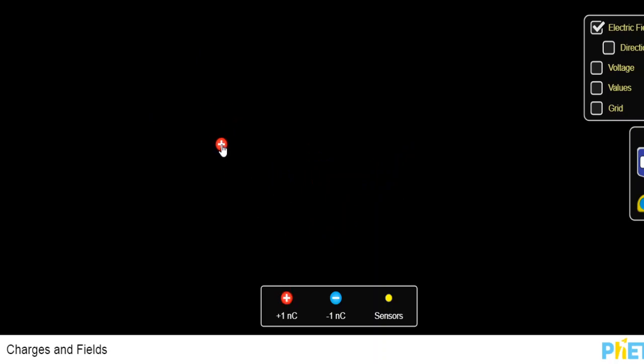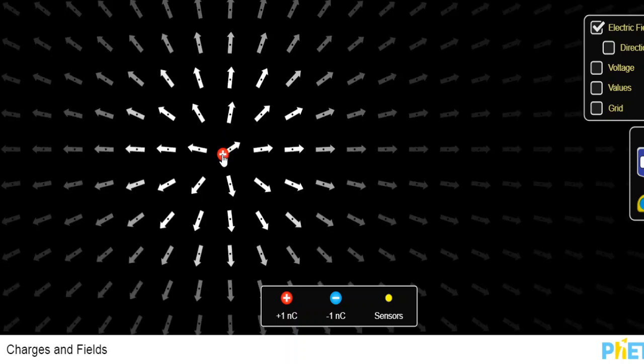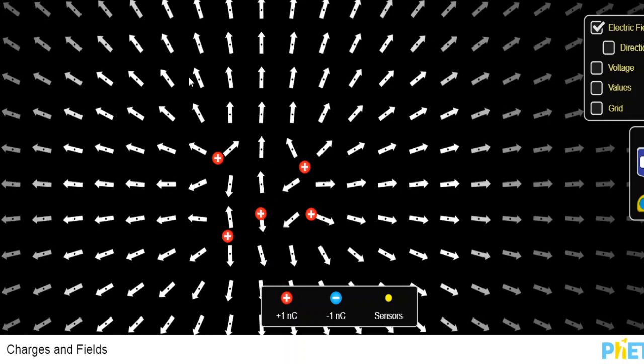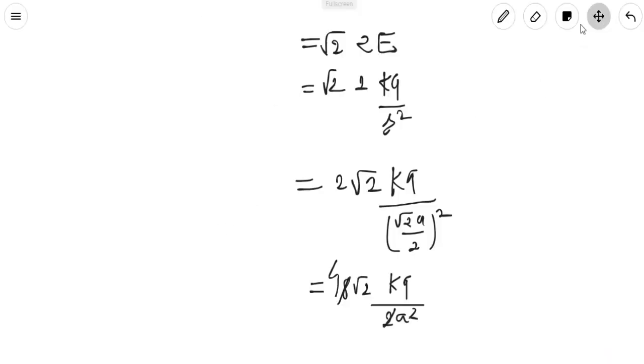a single charge in space is hardly possible to attain. In practical life we will have a bunch of charges, or the whole distribution of charges, but we will not have only a single charge in space.